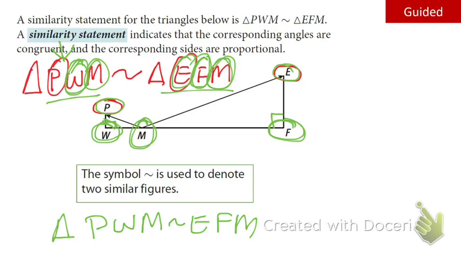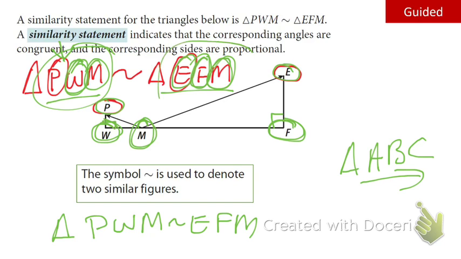Before, when we were naming triangles, for example, triangle ABC, we usually name them in alphabetical order. But in this case, for similar triangles, as long as your corresponding angles are in the same position from here to here, then you are good. All right, let's move on.